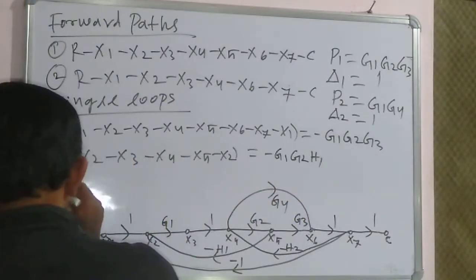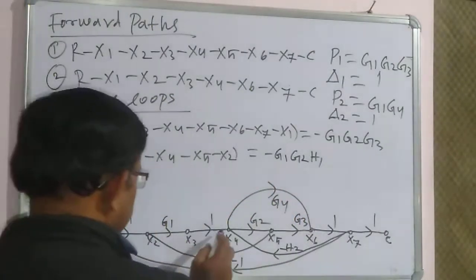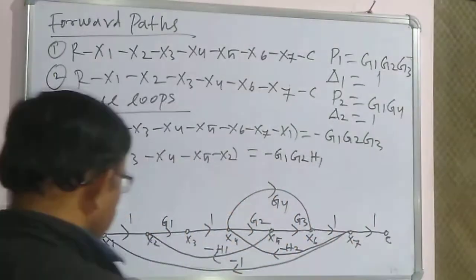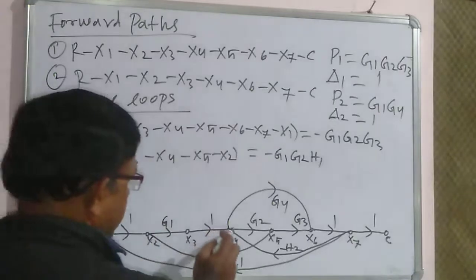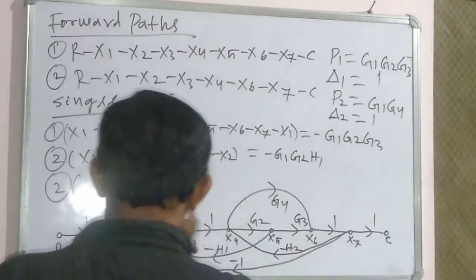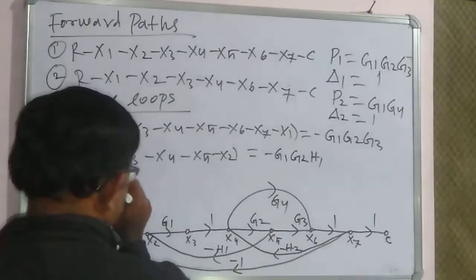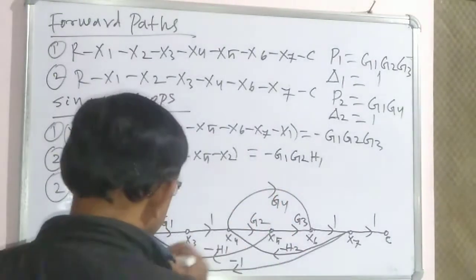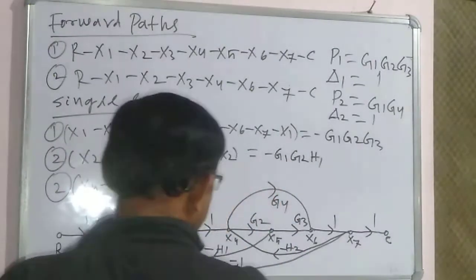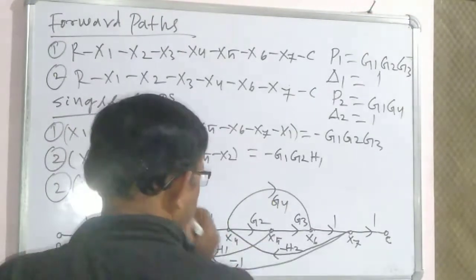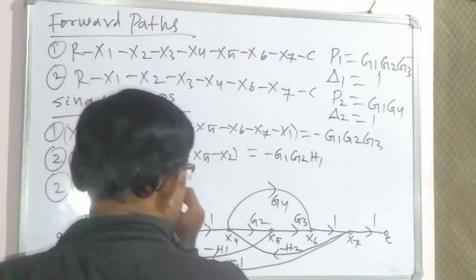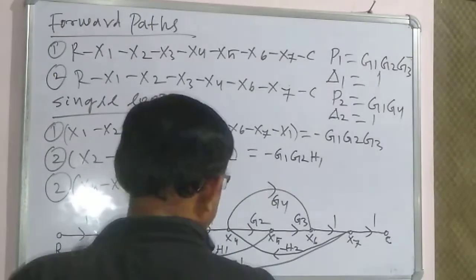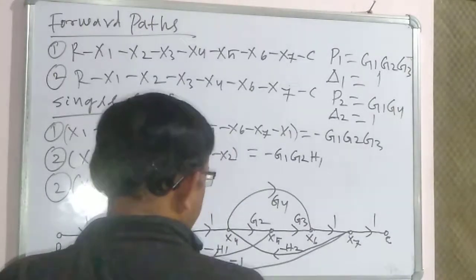So another loop we can find out. This is another loop, that is x4, x5, x6, x7 and x4.